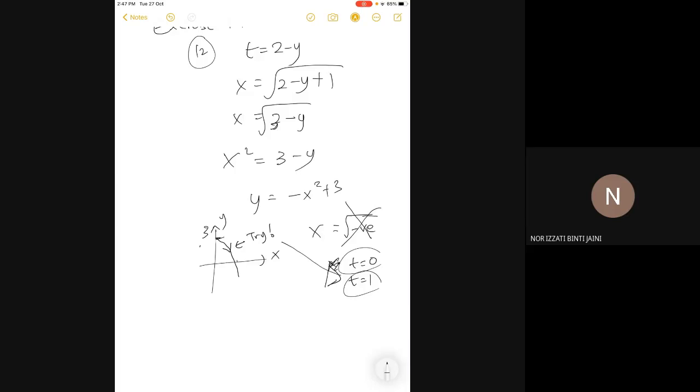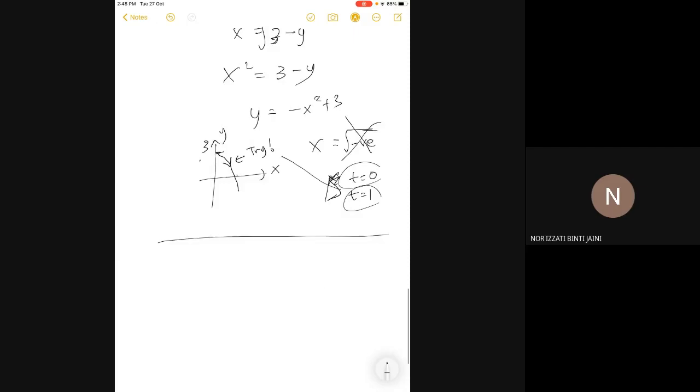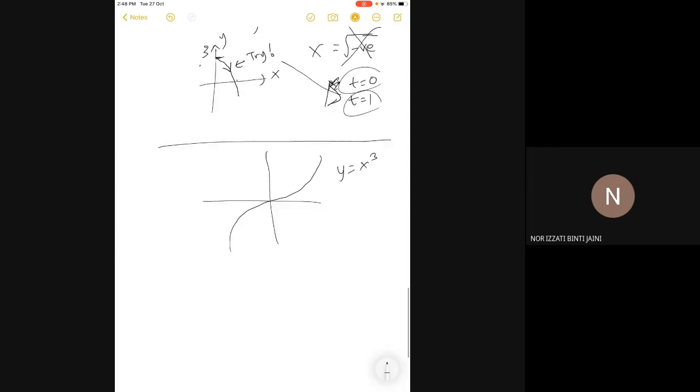If it's power of 3, then it becomes cubic lah. Tapi biasa tak tanyalah sampai power 3 ni. Dia macam ni, kuasa 3. So y equals to x kuasa 3. You kena tahu bentuk-bentuk ni. This one is y equals to x squared. This one is y equals to x.